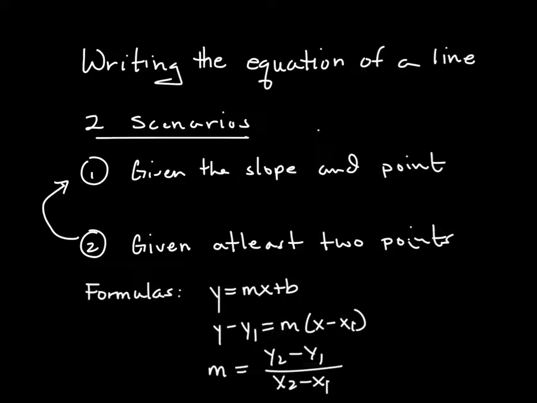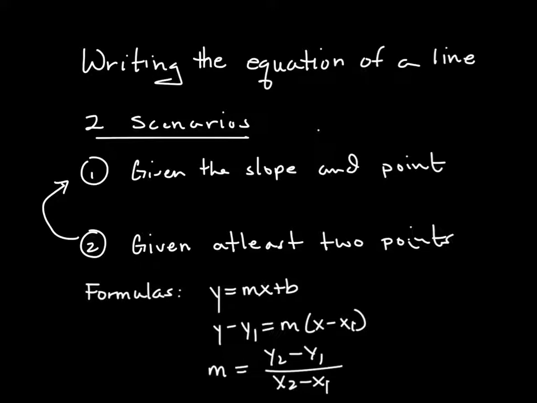I could give you 2 points, you only need to use one of them. Point being, you will have to 100% figure out slope somehow, some way from the data that is given to you, and then you will need to use a point within that data that you used to calculate the slope to then write the equation of a line.